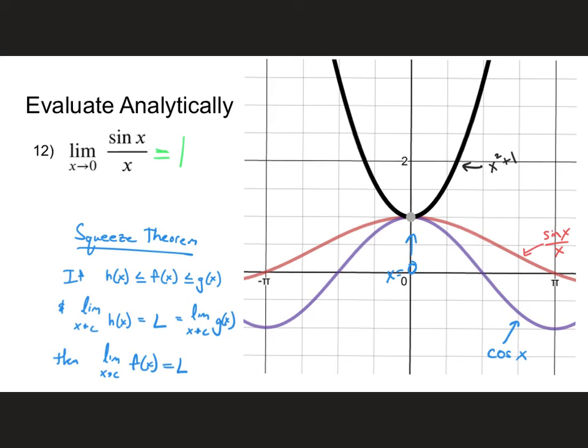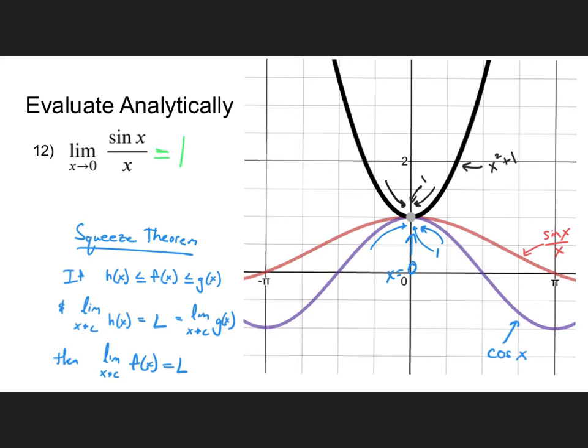If we look at the limit as x approaches 0 of x squared plus 1, what's it going towards? It's going towards the value 1. The same thing with the blue curve, the cosine of x. As my values get closer and closer to 0, that's also going towards the same value, 1.